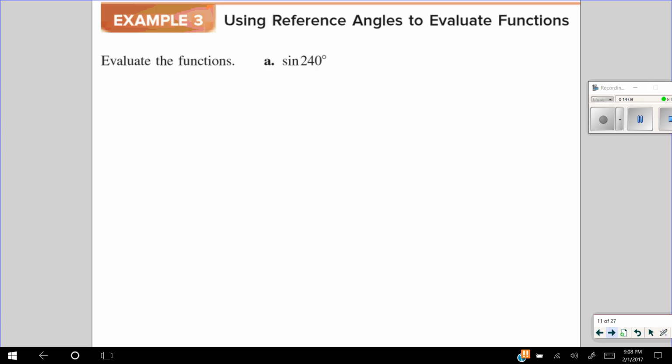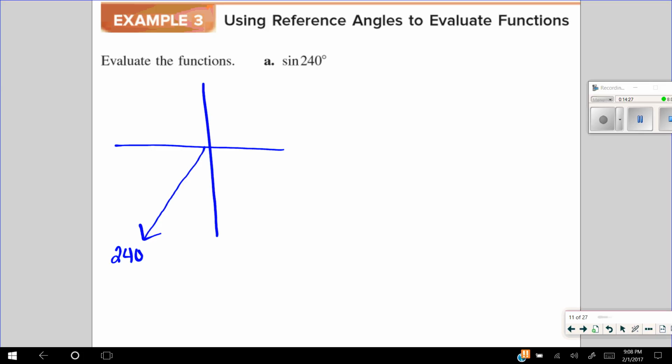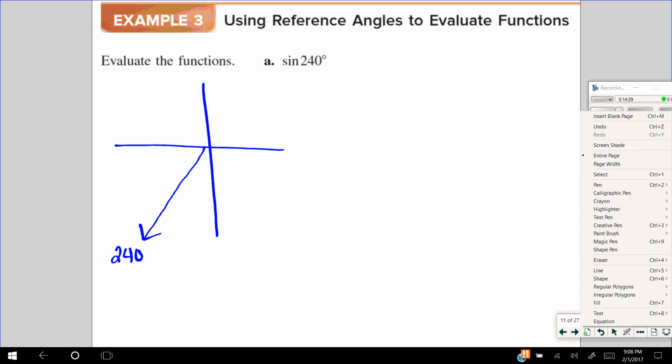Well, first thing you should do is make a sketch of this angle. So where does 240 lie? It lies in the third quadrant, past 180 but before 270. Okay? Your next step is going to be drawing your reference triangle.